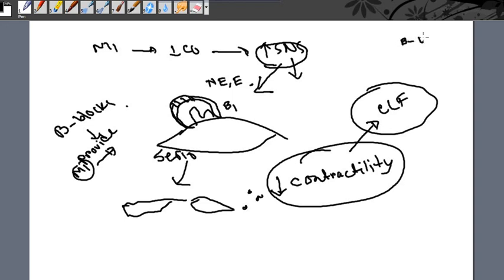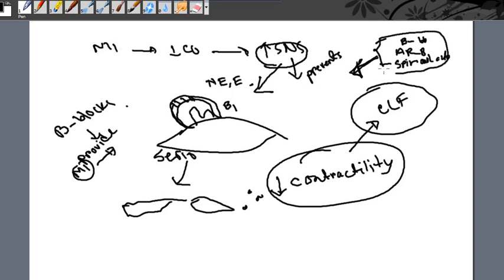One is beta blocker, another is angiotensin receptor blocker, another is spironolactone. So any of these drugs will be helpful after myocardial infarction, and because they prevent cardiac remodeling, it is not surprising that they provide survival benefit to the patient, right?